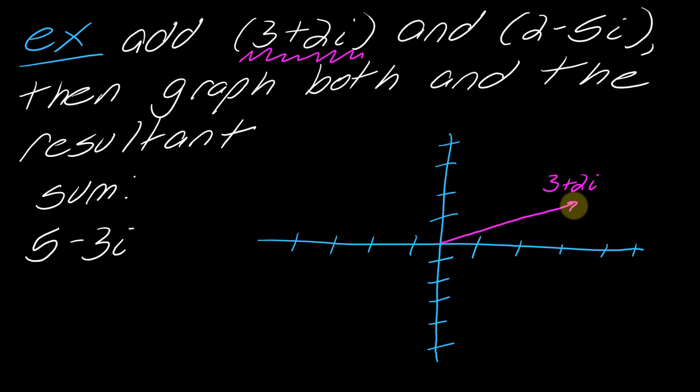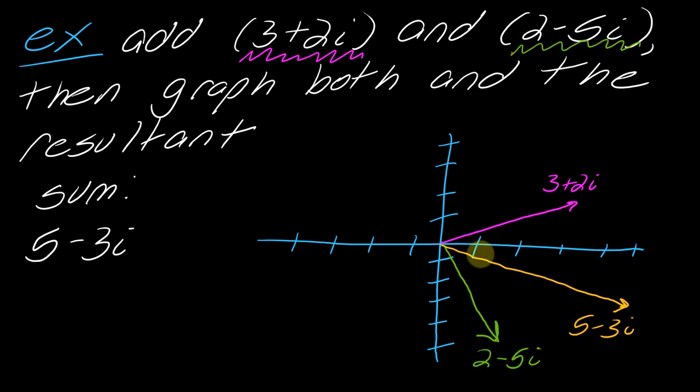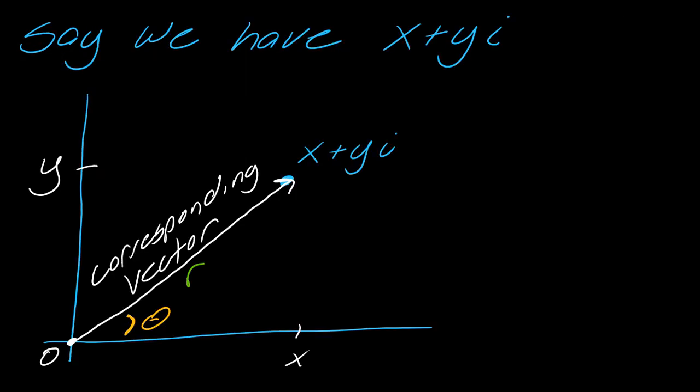And then 2 minus 5i: here's 2, here's negative 5, so there's 2 minus 5i. And then finally 5 minus 3i, here's 5, and here's minus 3, so I can graph like that. I think it's pretty straightforward if you've graphed some vectors in the past.